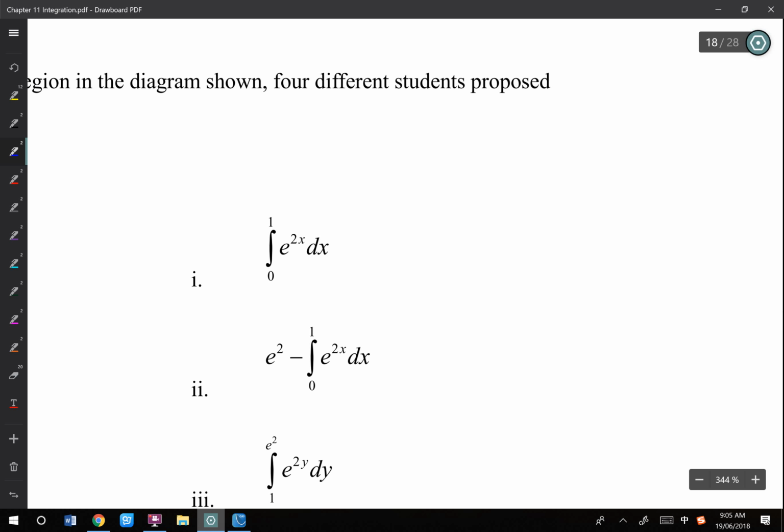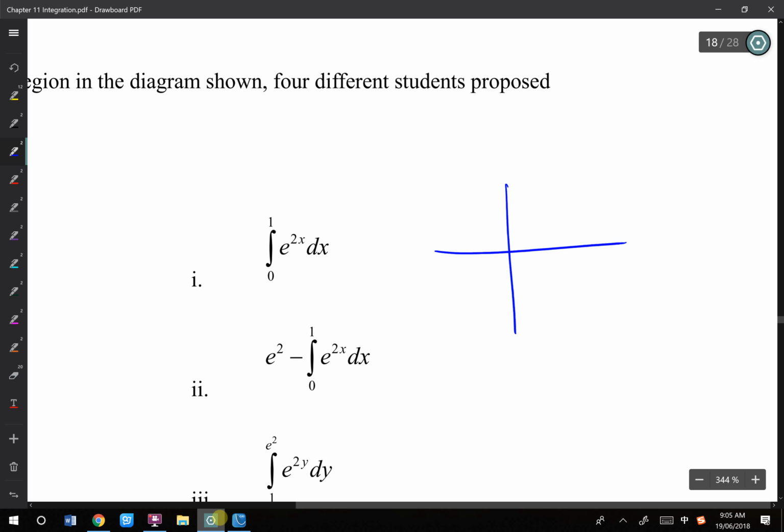If I draw this graph, this is log x, and this is 1, so the point (1,0).